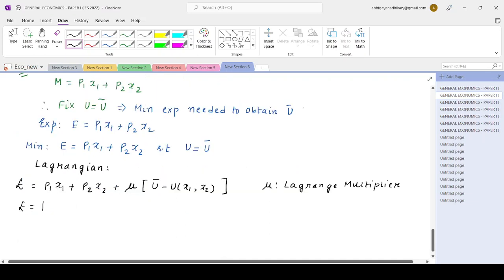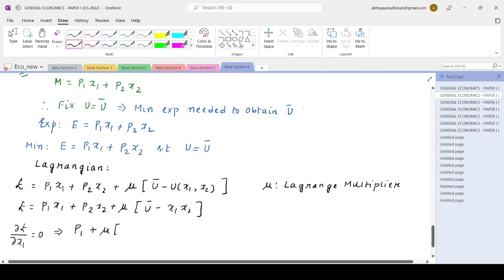So over here we have a particular utility function which is given to us, so mu times u bar minus x1 x2. We are going to differentiate this with respect to x1 and set it equal to 0.